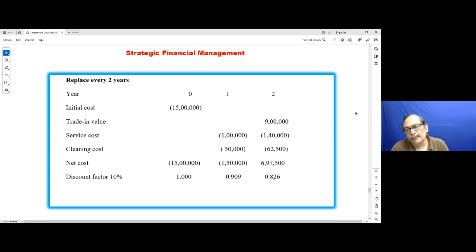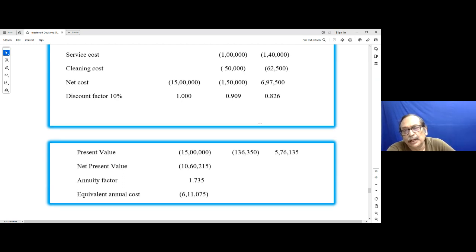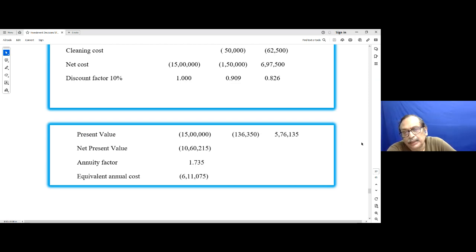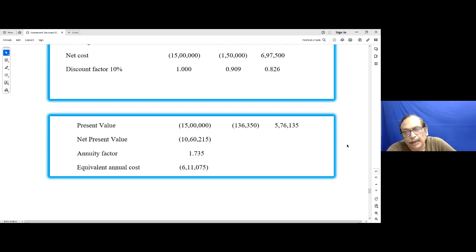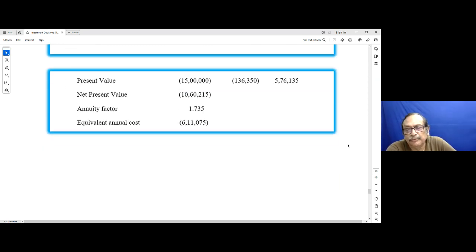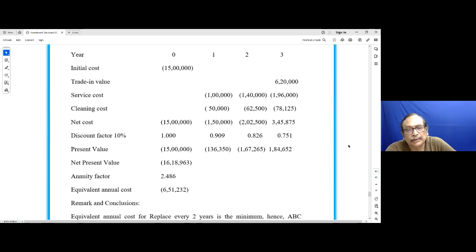Net cost we are having is 15 lakhs, 1 lakh 50 and 6 lakhs 97,500. Then discounting factors we are considering are 0.909 and 0.826. So present value we get, then net present value we get. Annuity factor, that is the summation of the discounting factors, is 1.735. So equivalent annual cost comes to 6,11,075.